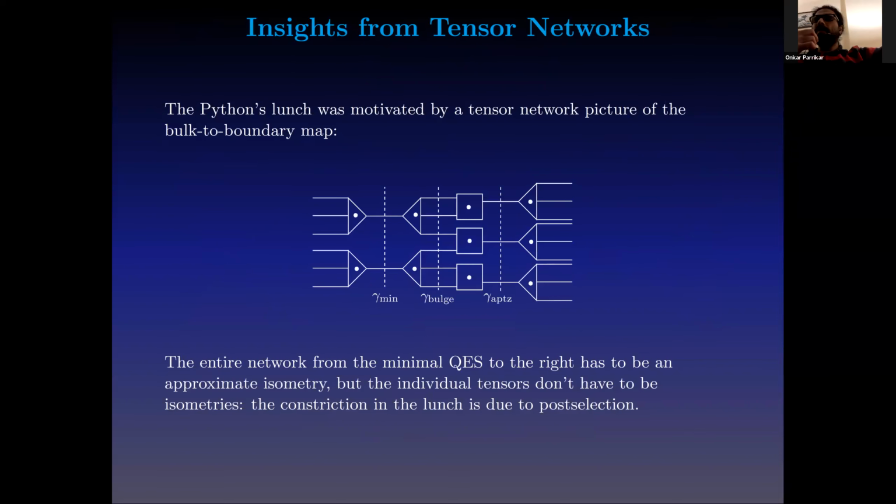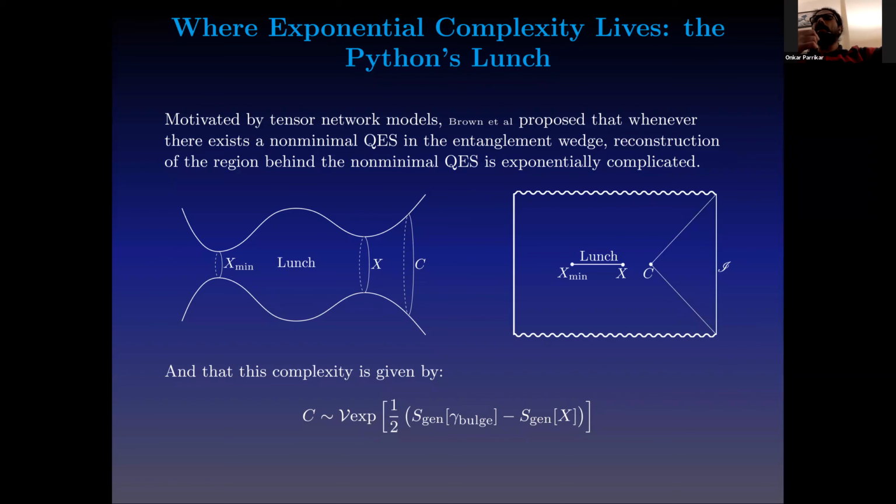Just one more question, Netta. How is this complexity different from, say, the circuit complexity which appeared in Susskind's conjectures from before, or is it the same? I would say it's the same. Lenny likes to say it's the restricted complexity.